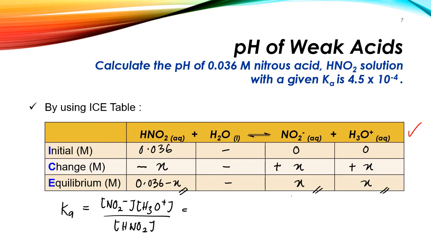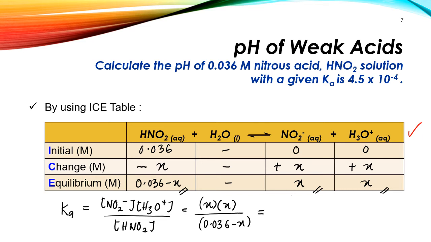Substituting the equilibrium values, NO2 minus equals X, H3O plus equals X, divided by HNO2 equals 0.036 minus X. Remember that Ka means the acid dissociation constant at equilibrium. That means the values substituted into the expression are only equilibrium values.